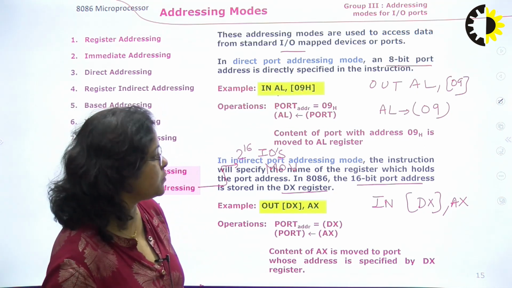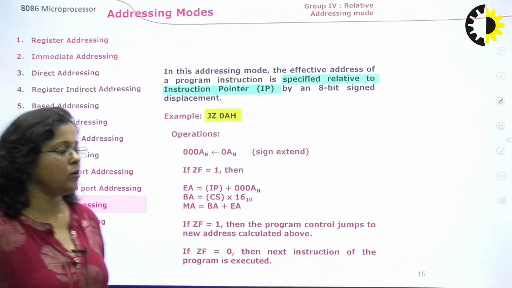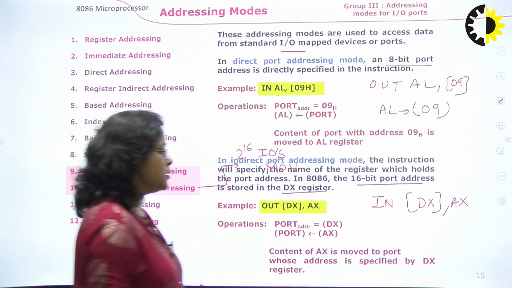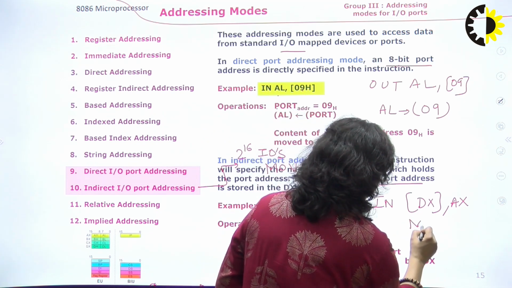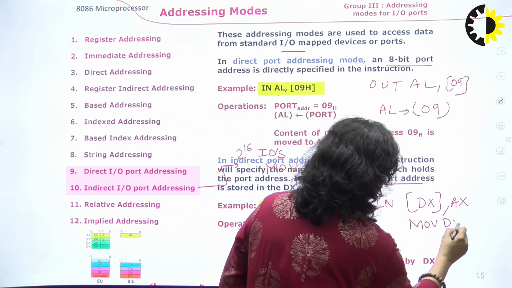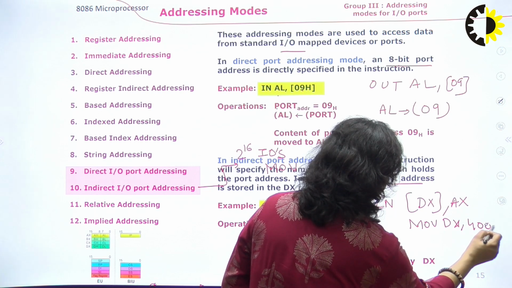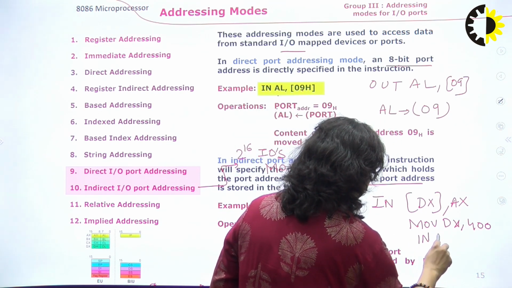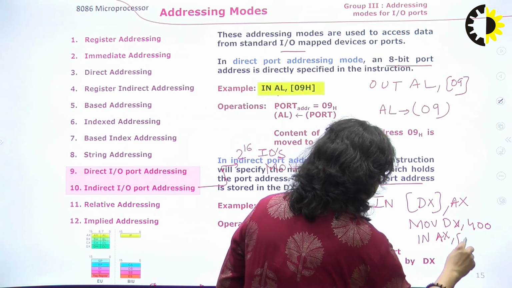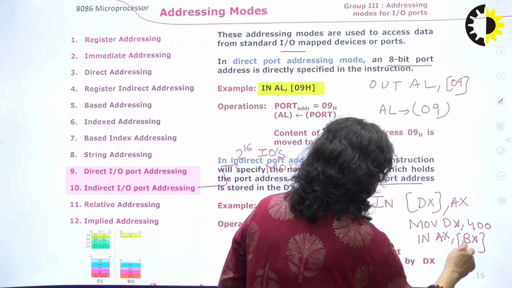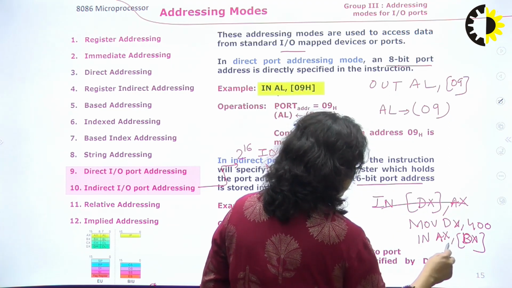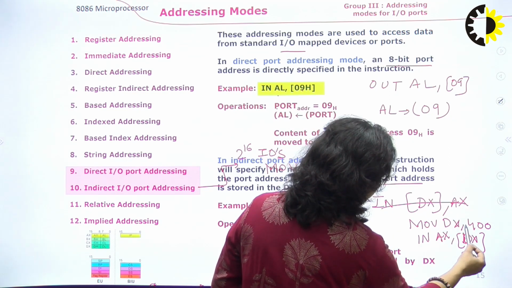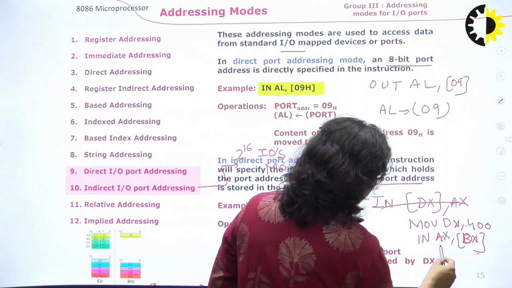Now, we take one more example of indirect addressing. We can also write this as MOV DX, 4000. So, 4000 will be the port address, and IN AX, DX copies the value of port address 4000 to AX.